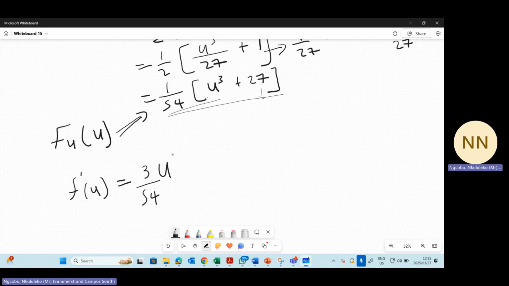So this should be just 3/54 u squared. The derivative of this, that is 0, right? So then the derivative just becomes u squared over 18, right? Because 3/54 is 1/18, right? Which is what you're being asked to find, right?